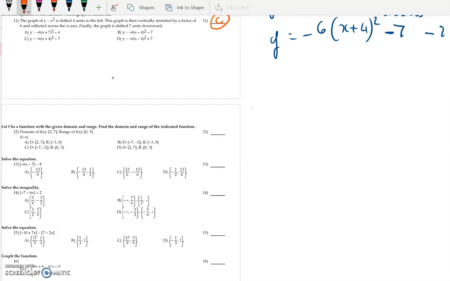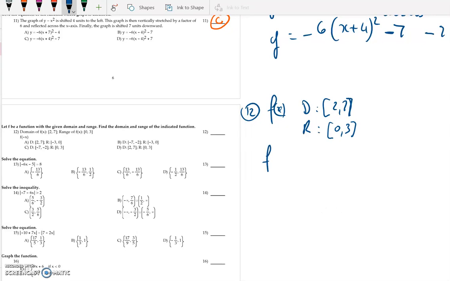Find the domain and range of the indicated function. So I got f of x on this problem number 12. We got f of x with a domain defined as [2, 7] and a range defined as [0, 3].